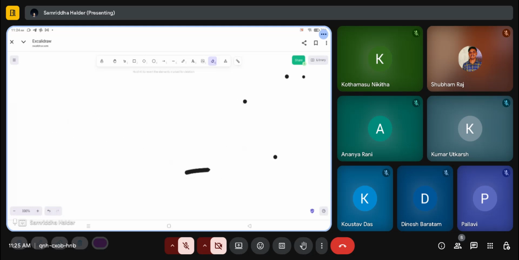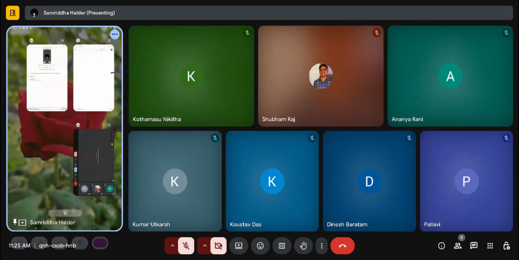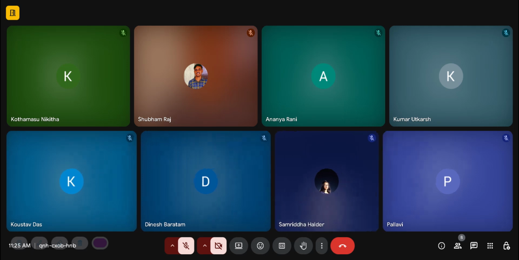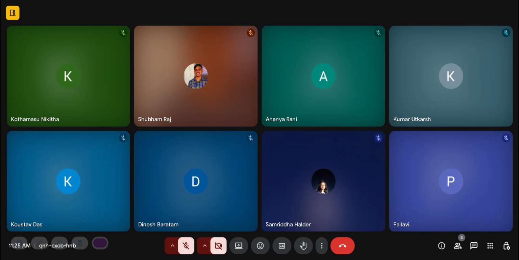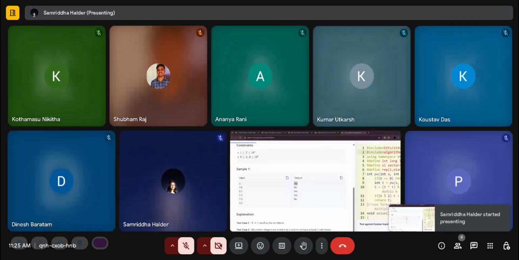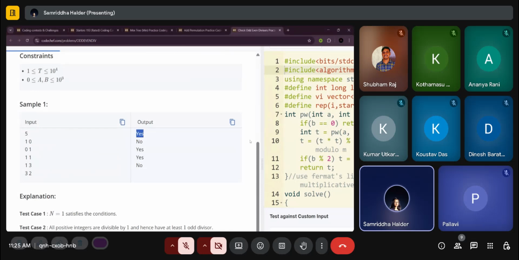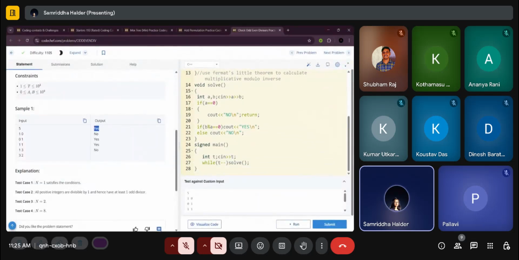Now we will go to the coding section. See here, A is the number of odd divisors and B is the number of even divisors.